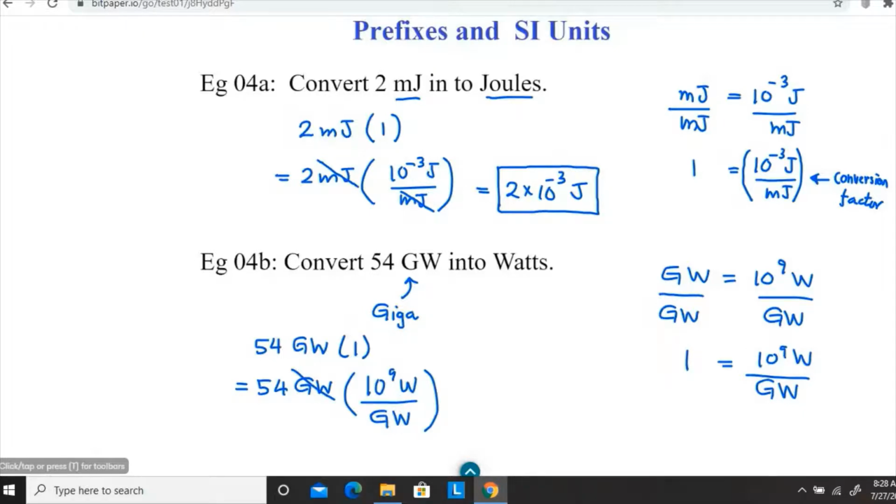So then the gigawatt term cancels out and I get 54 times 10 to the power 9 watt. Now you can write this in the common scientific notation, 5.4 times 10 to the power 10 watts.